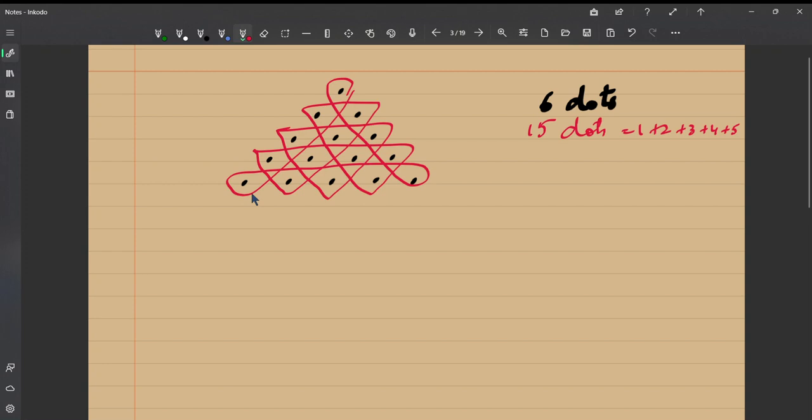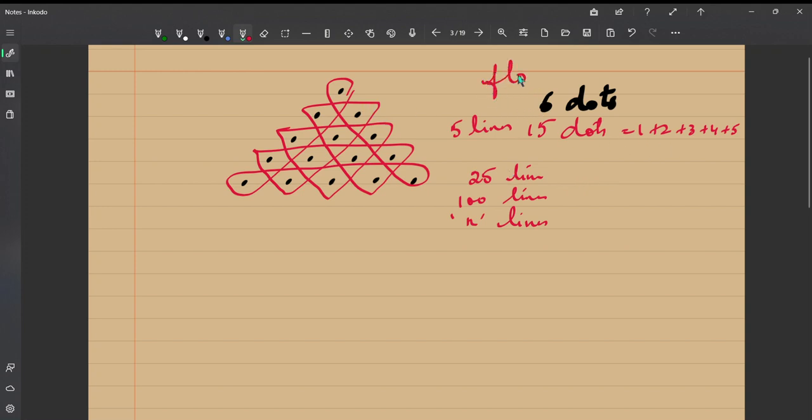Now a person wants to make a very huge rangoli. Say now this is 5 lines of 15 dots, isn't it? The one which we made. Suppose he wants to make 25 lines, or what if he wants to make 100 lines. So let's say n number of lines, and he decides to place one flower on each dot.